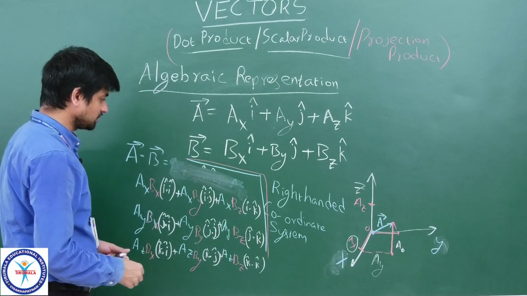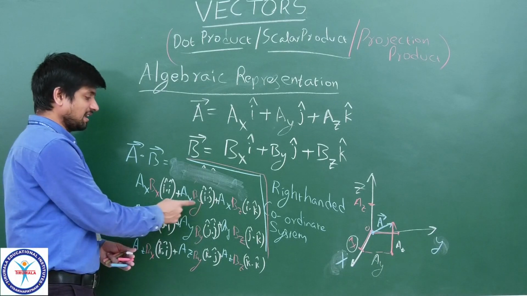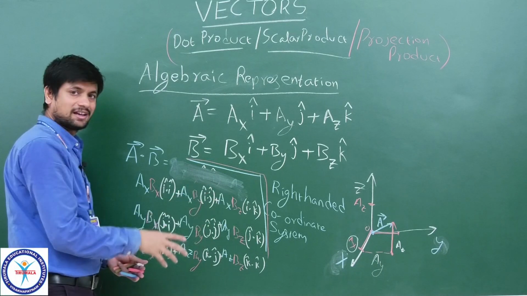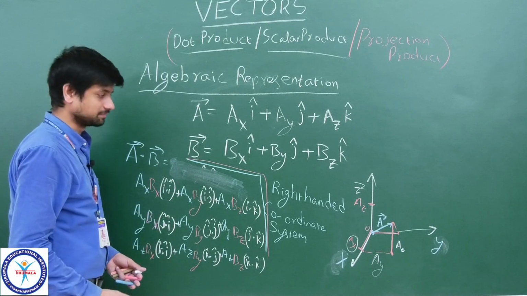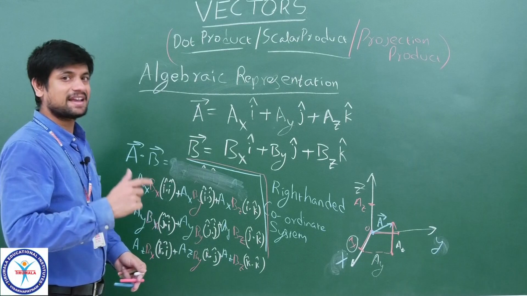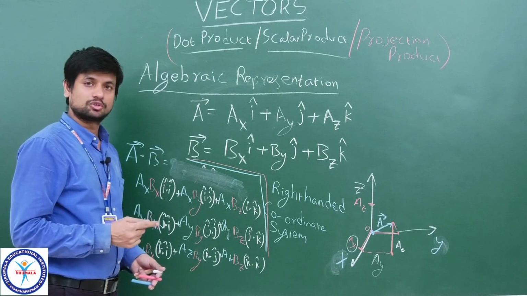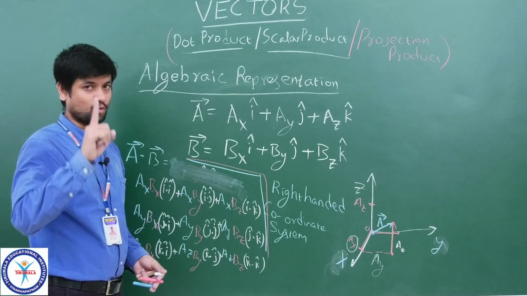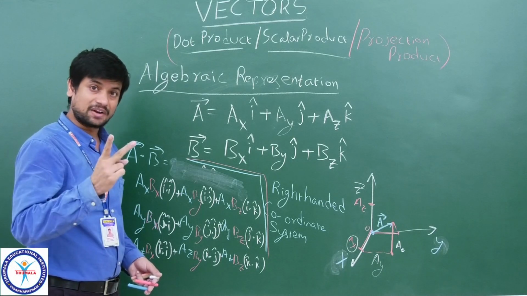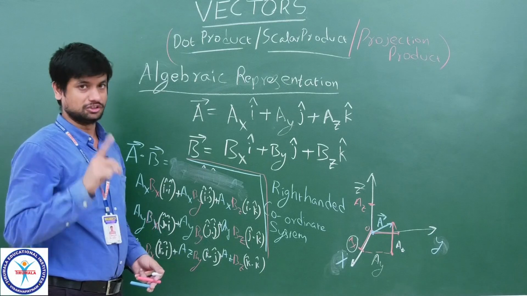Now you see Ax Bx, Ax By, Ax Bz. Those are the real numbers, simply we can multiply. But here you can see i dot i. What is the angle between i and i? 0. So i dot i gives you 1; same unit vector dot product gives you 1. Different unit vectors dot product gives you 0.